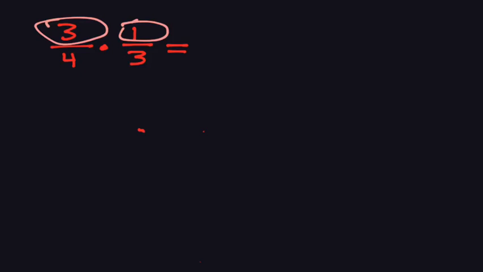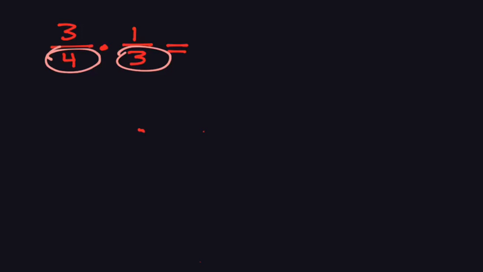Let's say you're given a problem, something like 3/4 times 1/3. Now, all you're going to have to do when multiplying fractions is multiply the numerators, or the top numbers of the fractions, together, and the denominators, or the bottom numbers of the fractions, together.